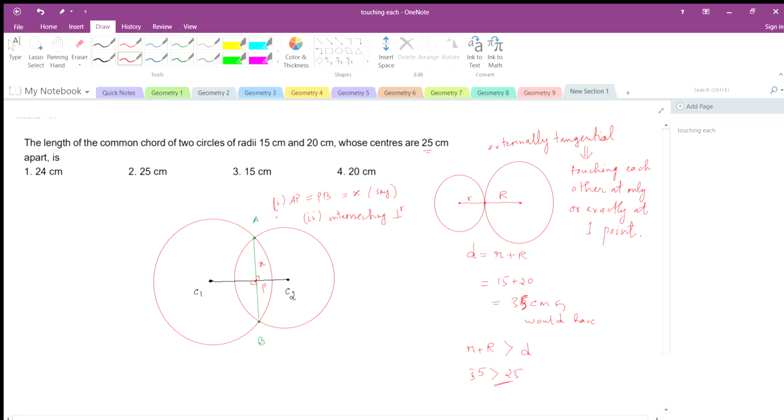So I'll prove both these two statements. There are two statements that I have written here, that is AP and PB are equal to each other, and I will also prove that this angle is 90 degree. For the time being I am erasing it. Let's say we don't know that they are equal, and we don't know that the angle is 90 degree.